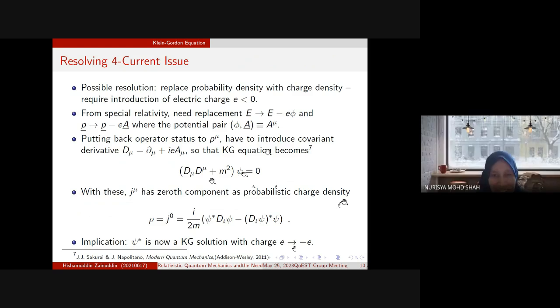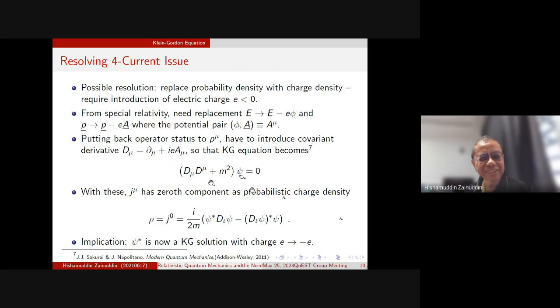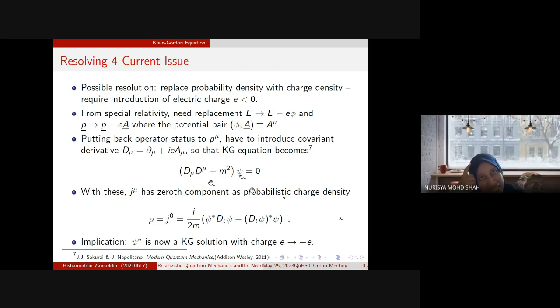Okay, go ahead. This might be silly, but for this replacement of the energy E, why do we always subtract the scalar potential from the original energy? F equals minus del V, right? So it's nothing related to having an electric charge less than zero, right?